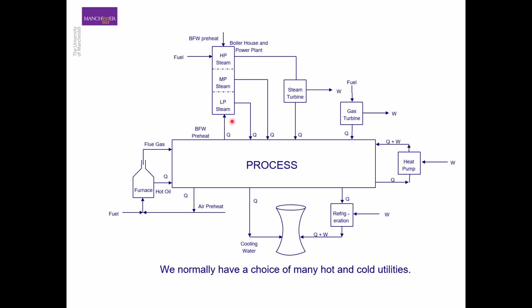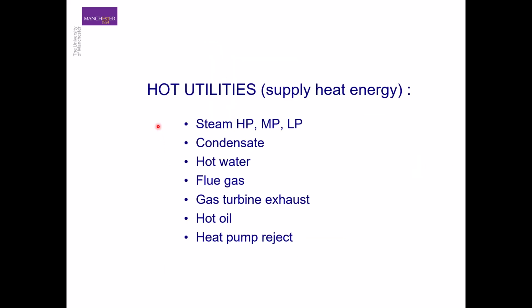We talked about different types of hot utilities in the previous slide, and this slide just lists them here. So we could use steam: high pressure, medium pressure, and low pressure steam. We can also use the condensate of this steam, the sensible heat from the condensed steam for our heating purposes.